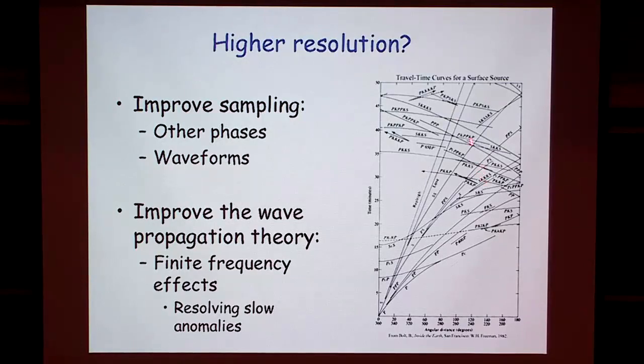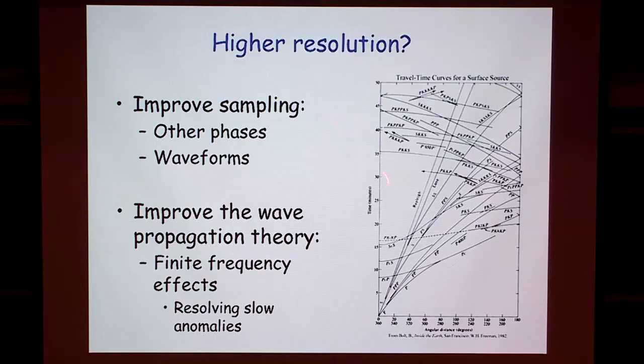And yes, in order to do this, we have a whole alphabet soup of phases. This is a travel time curve with all the body wave phases indicated. But you notice that it becomes difficult to measure specific phases at some point because they come too close to each other. So you can't really measure the travel time very well because they're interfering with other phases.